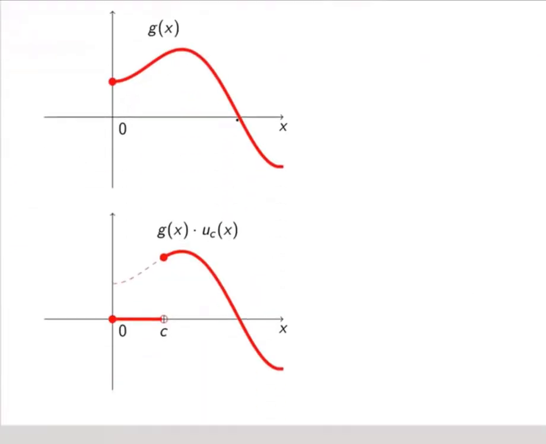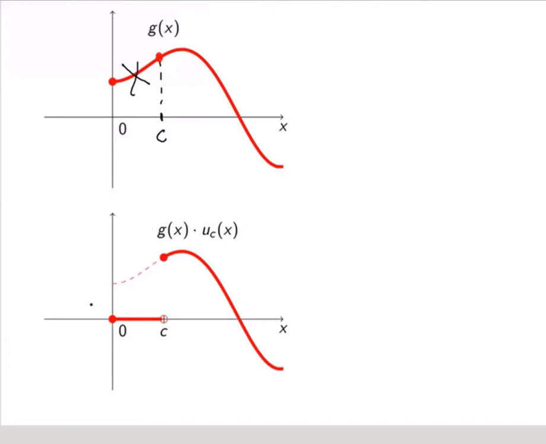so like this, we have the function g of x with the graph like this, and then a positive number c. The cutoff of the function is that we remove the first piece and replace it by a horizontal segment between 0 and c, and the horizontal segment is on the x-axis.